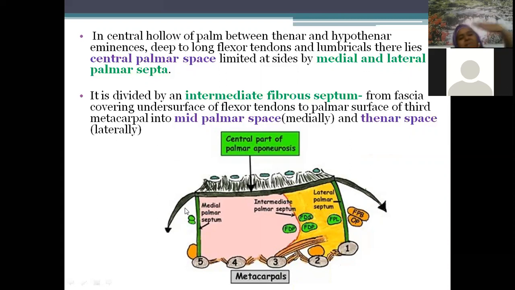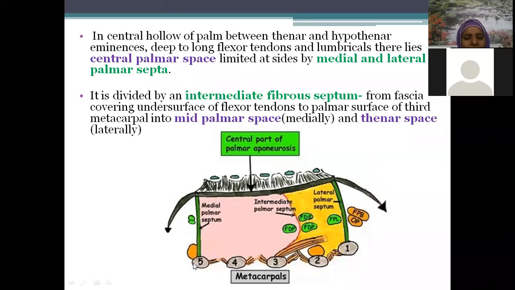Okay, suppose this is the superficial palmar aponeurosis. Below palmar aponeurosis, you have septa like this, which will divide this palm into few spaces. What are those? Mid palmar and thenar space. So this is medial palmar septum, this is intermediate palmar septum, this is lateral palmar septum.